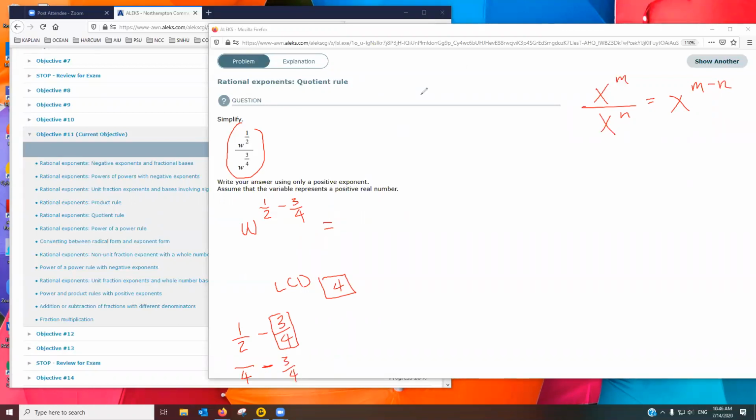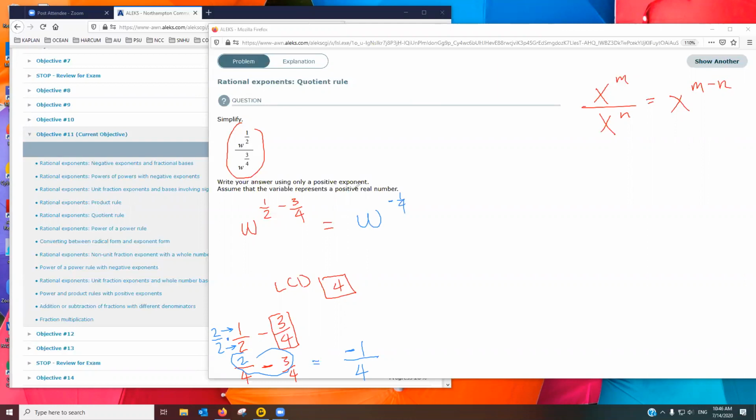First fraction, I'm going to multiply by 2 over 2, because that'll get me the 4 on the bottom. On the top, I'm going to have a 2. So now I can subtract. Keep the denominator as is. 2 subtract 3 is -1. So it looks like I'm ending up with w to the -1/4.